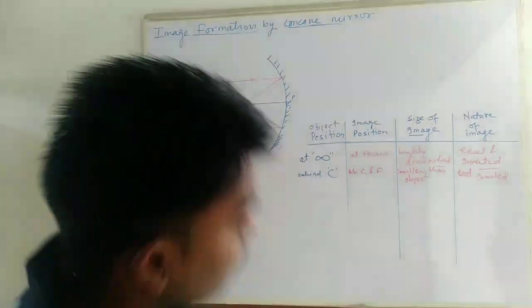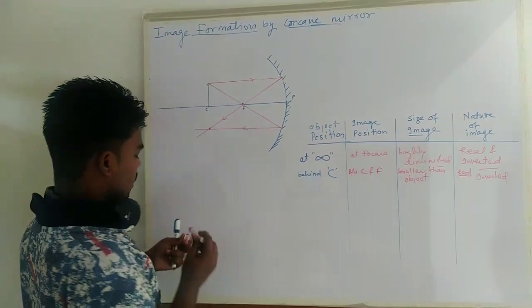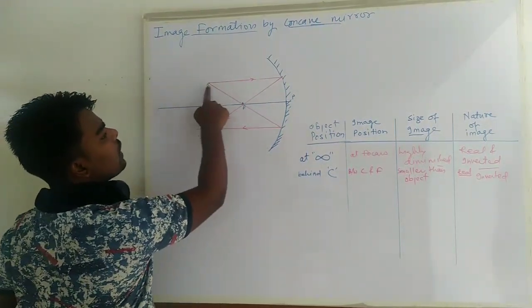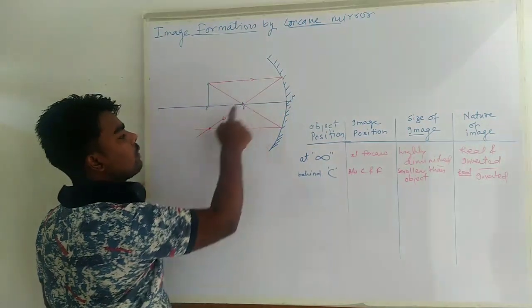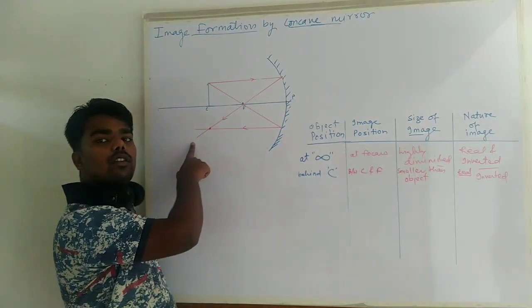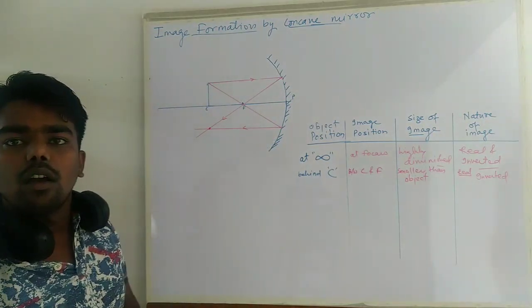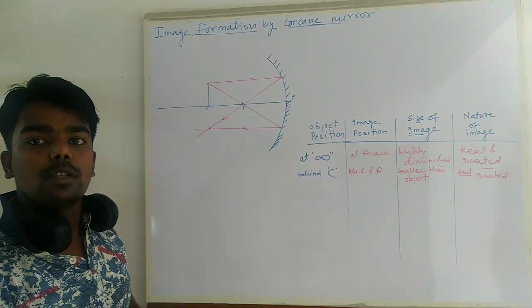So if you will see the object when it is placed over C, the incident light ray is going parallel to the principal axis. After reflection it will go passing through the focus, and if it is going through the focus, then it will come back parallel to the principal axis.